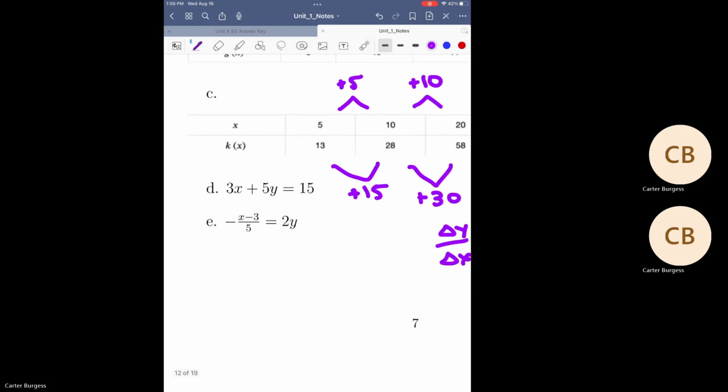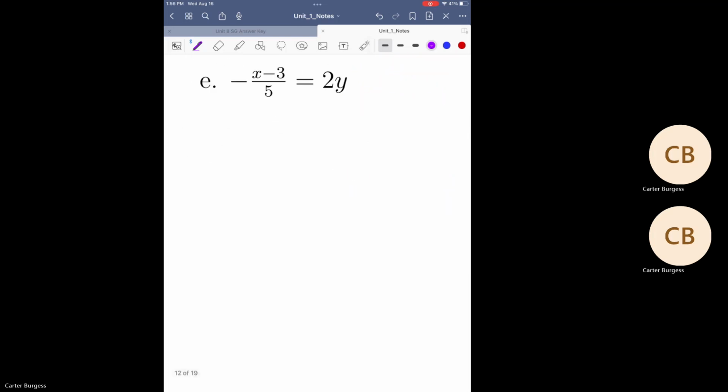For equations, I'd say it's maybe a little bit easier. Generally speaking, for equations, our goal is just to say, does it look like y equals mx plus b? Oftentimes it is, or can we get it to look like y equals mx plus b? But sometimes that's not always so obvious. So looking, for instance, at e here, the negative quantity of x minus 2 over 5 equal to 2y, trying to figure out, is what we see here a linear equation?